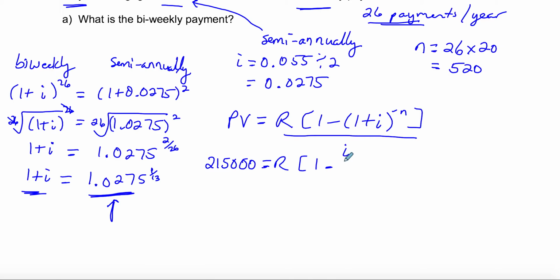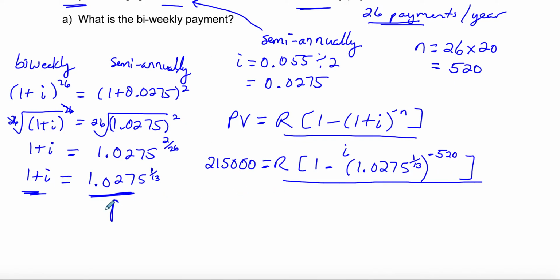So right in there, I'm going to write 1.0275 to the 1/13th. And then my n, we already found what that was before. It was 520, to the exponent negative 520. And all of that is going to be divided by i.